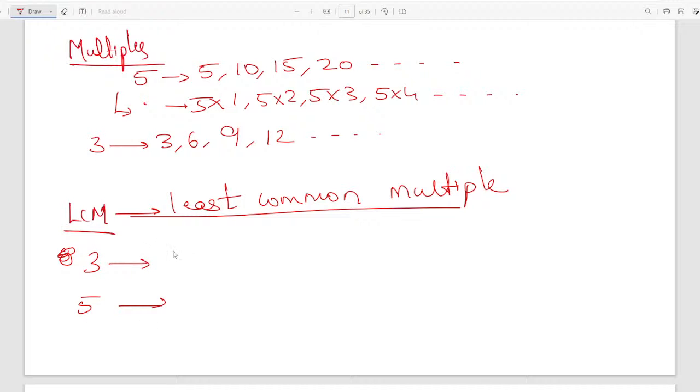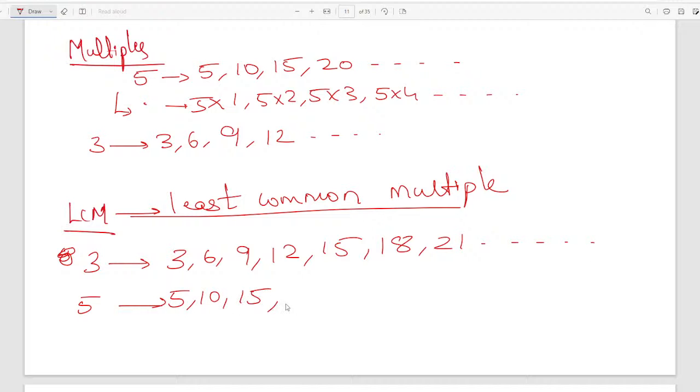Multiples of 3: 3, 6, 9, 12, 15, 18, 21, and so on. And multiples of 5: 5, 10, 15, 20, 25, 30, 35, 40, and so on. So these are the multiples of 3, these are the multiples of 5.